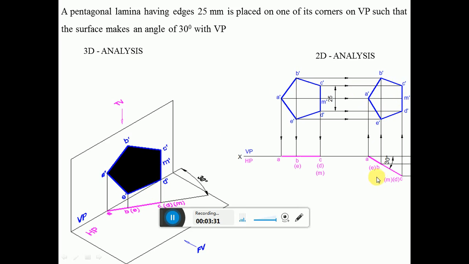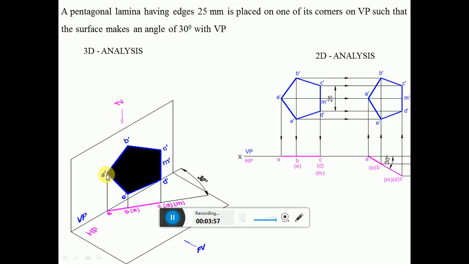So here the surface is making an angle of 30 degree with the vertical plane, but still it is perpendicular to HP, so obviously you are getting a line, and it is resting on one of its corners. Once the corner is on VP and the surface is inclined, what happens to the perpendicular bisector here? AM is also inclined to VP, as is evident from this three-dimensional analysis.